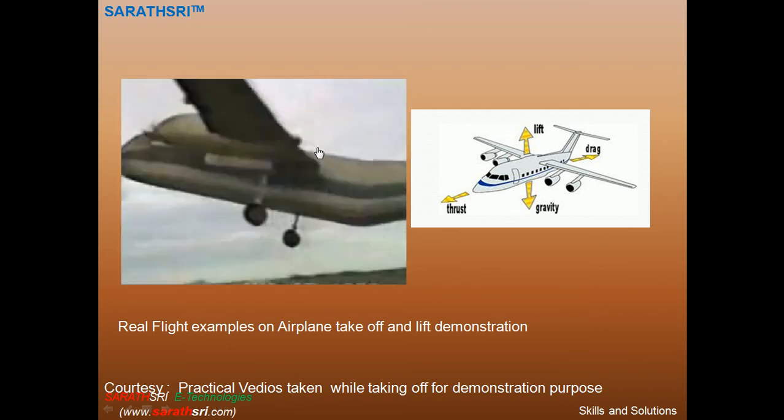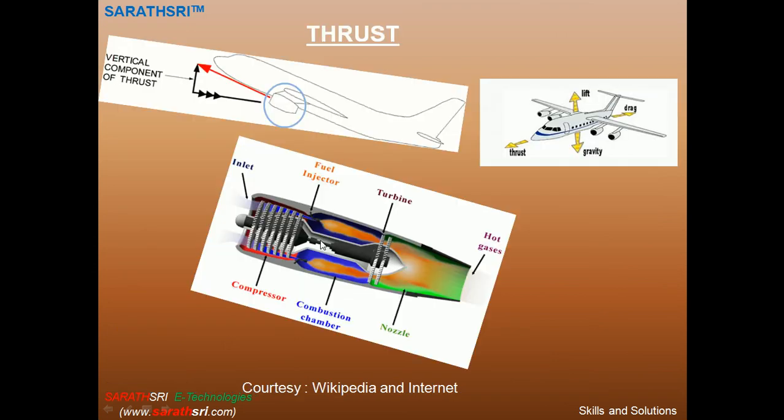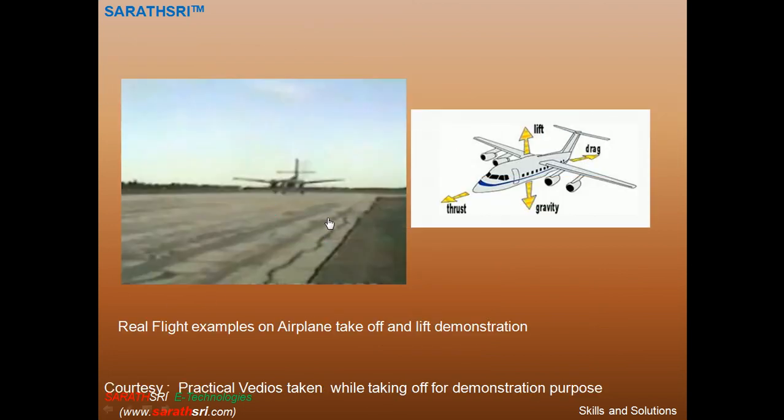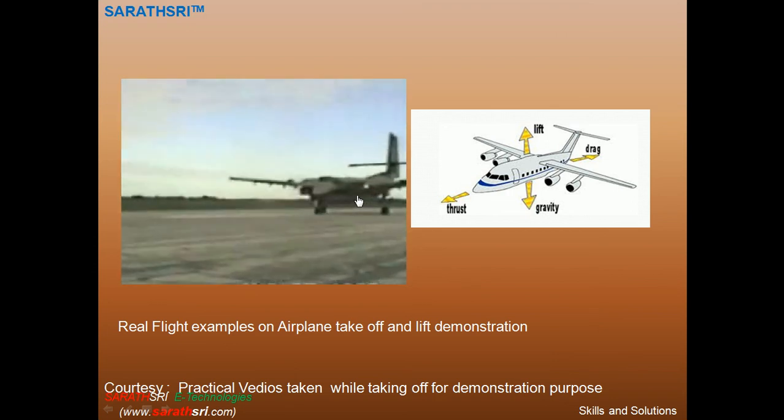See, as it goes up, there is a lift operating in this direction, and along with lift and weight, there is a thrust force also required, because the aircraft is not only lifting, it is going in the forward direction, which is provided by the engine thrust.